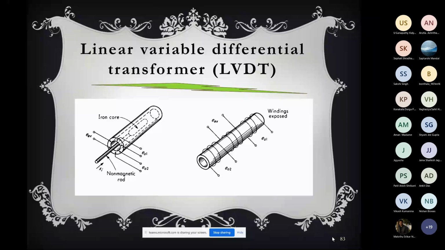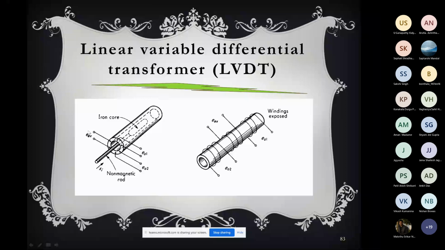Differential transformer means it has two transformers. On the left-hand side you can see the arrangement. From the outside, you have four input-output terminals: a single input whose voltage is EEX, and two outputs, E01 and E02.